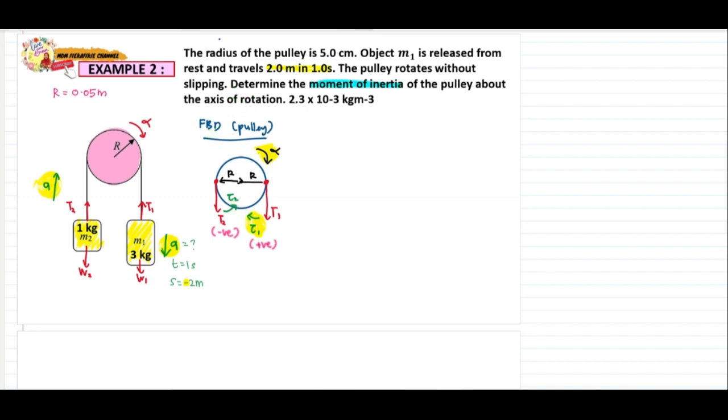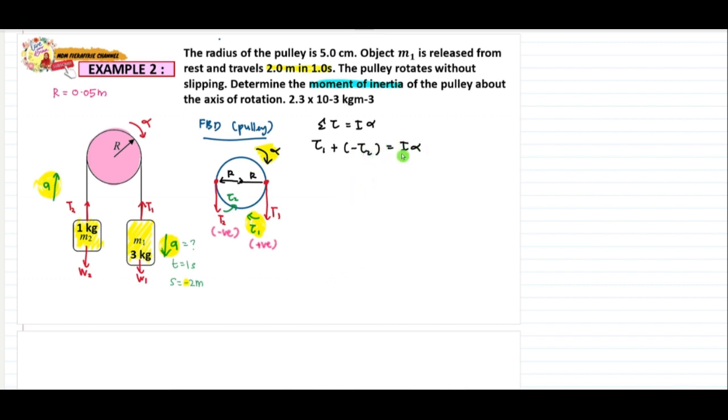Okay, so now, if we write the equation of total torque is equal to I alpha, look at here. We have two torque here, torque 1 and torque 2. So, siapa yang positif? Kita dah tahu, torque 1 tadi same direction, which is clockwise dengan alpha. So, torque 1 should be positive plus negative torque 2, and it is equal to I alpha.